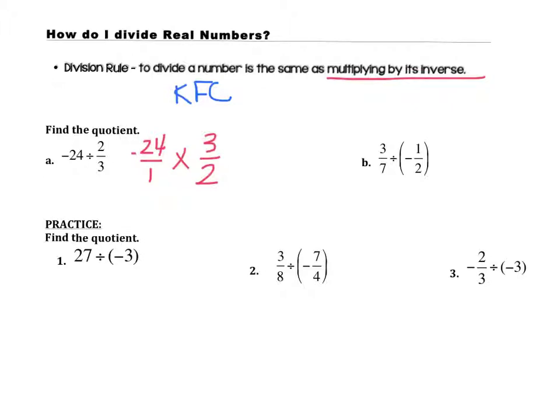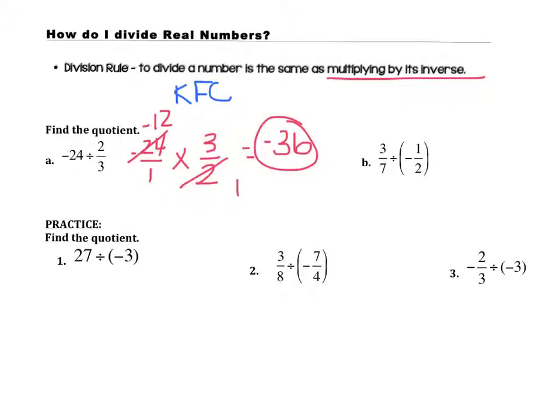All right, so let's go ahead and multiply these. I always think it's easier for us to simplify or to cross cancel. So now I've got negative 12 times 3, which is going to give me a negative 36. So negative 24 divided by 2/3 is going to be negative 36.